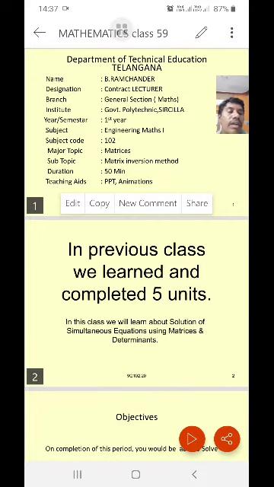In earlier classes, we learned about matrix properties and determinants. Now this chapter is, we can say, an application of matrices: how to use the matrix to solve equations. That is the main point here.